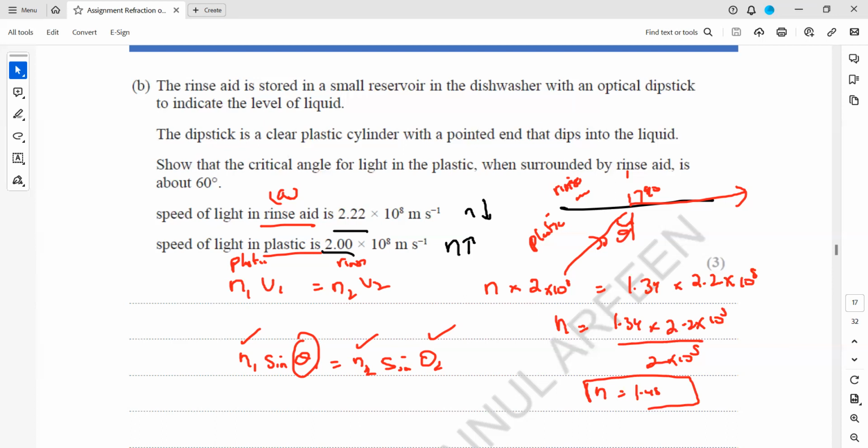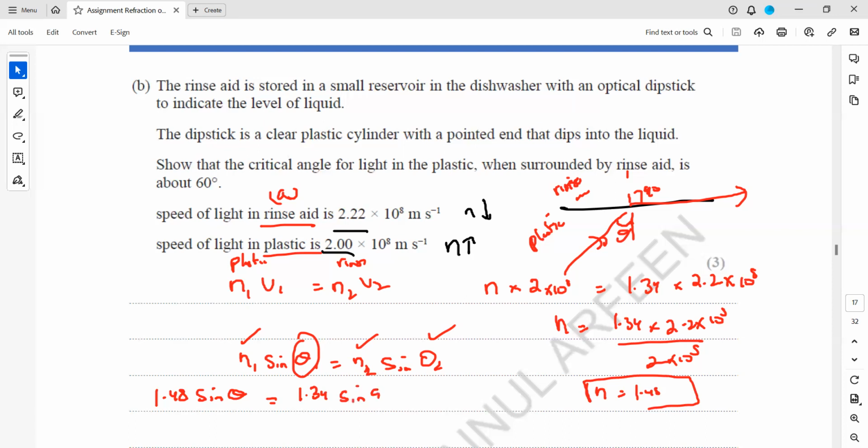Now we use this formula, with the refractive index of the plastic, which is 1.48, times sine theta 1, which is what we are finding. For a critical angle, the light should travel from the denser to the rarer medium. The refractive index of the rinse aid is how much? It was 1.34.